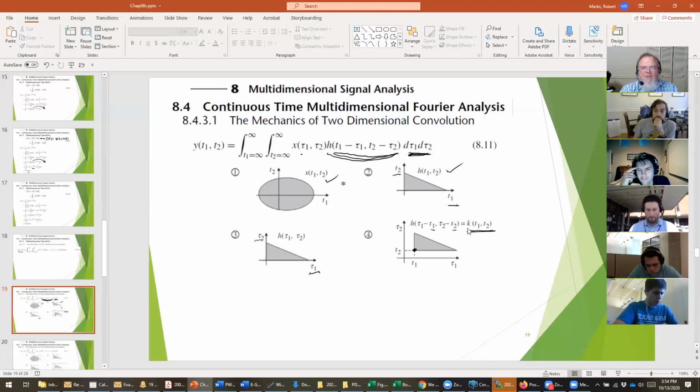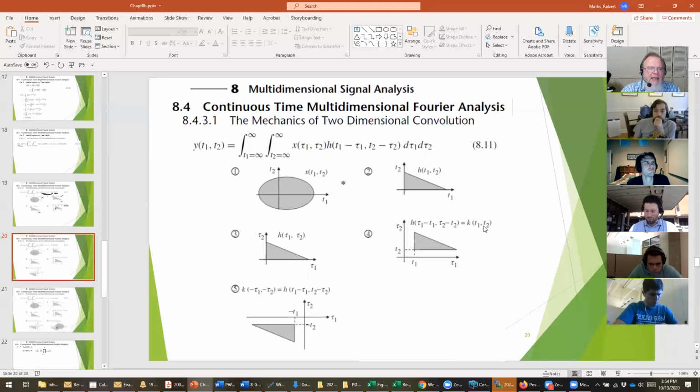Let's just call this function k of t1 and t2. I'm just going to redefine a function. The reason I'm going to redefine a function is the next step, because it allows me to look at the transposition of this k. I'm sorry, boy, this is screwed up. This should be a T1 and a T2.